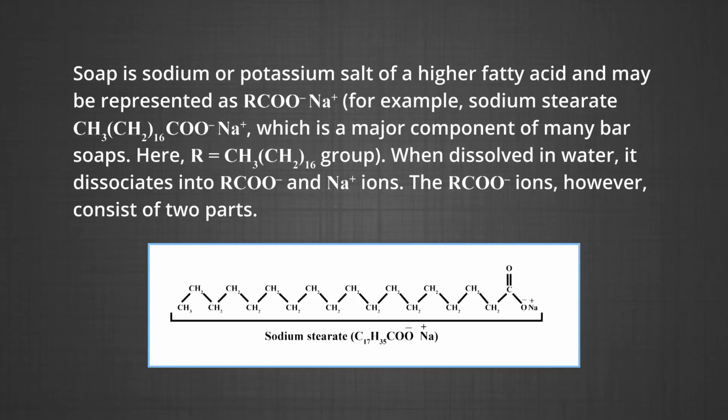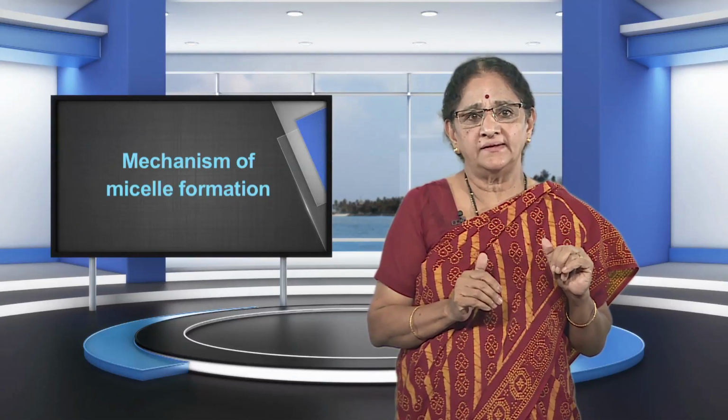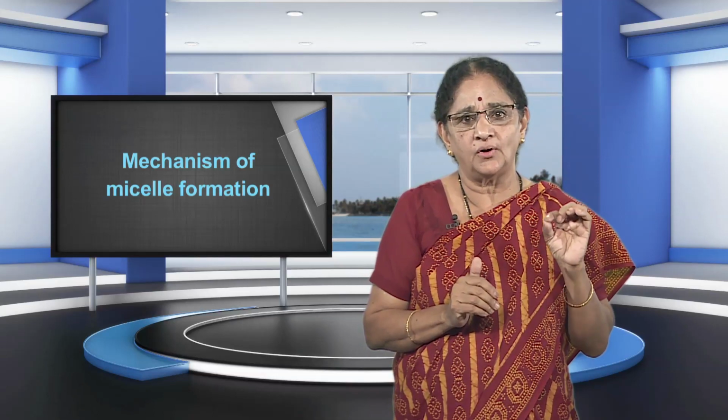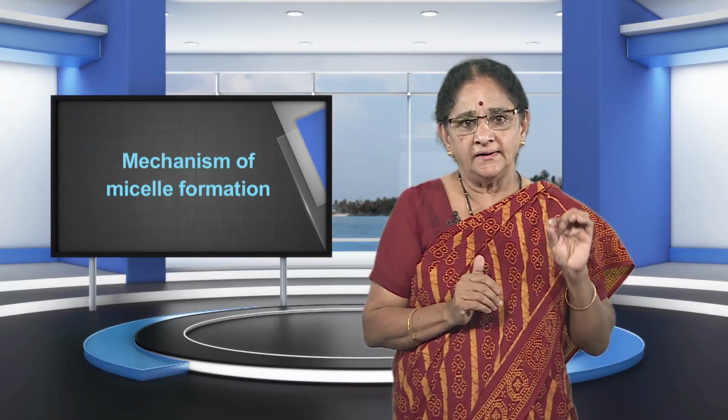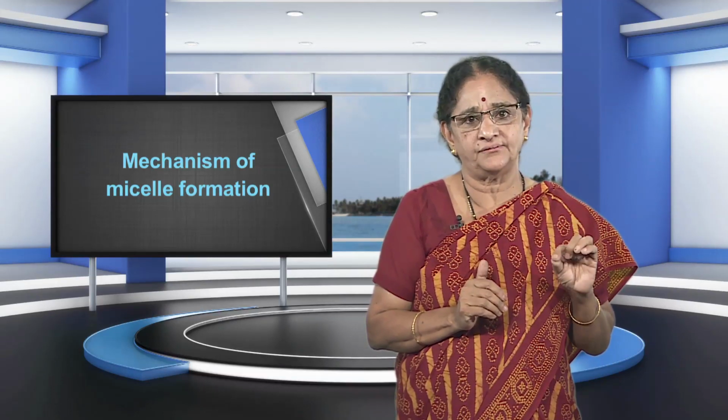The RCOO minus ions, however, consist of two parts: a long hydrocarbon chain, also called the non-polar tail, which is hydrophobic, water repelling, and a polar group COO minus, also called the polar ionic head, which is hydrophilic. The RCOO minus ions are therefore present on the surface with their carboxylate groups in water, and the hydrocarbon chains staying away from it and remaining on the surface.